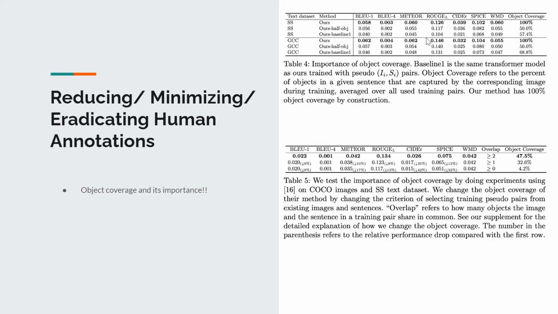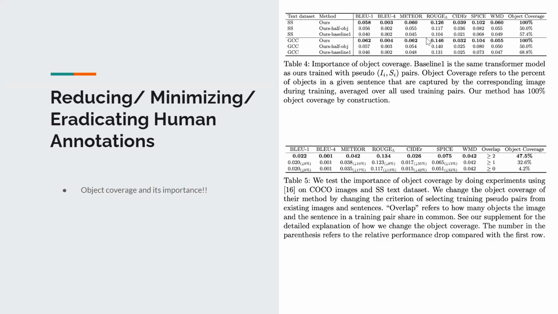Now the question is, why do we want to do that? Because of object coverage. You can see here the object coverage is very important. At 100% coverage, all the metrics perform way better than if you have 50% coverage or 20% coverage. For some of the state of the art, we mucked around with their code a little bit to reduce their coverage.